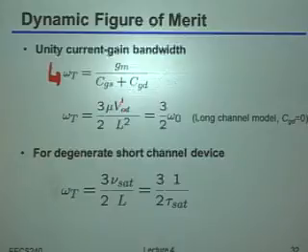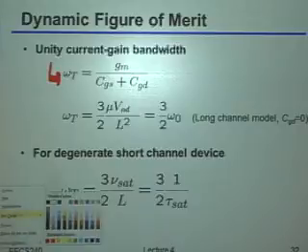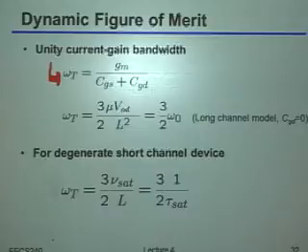Here I've written it in terms of overdrive, but you could replace that directly with V star since it's the same in the long channel device. And you can see there's an L squared on the bottom. In other words, if you reduce the channel length by a factor of 2, your omega t should go up by a factor of 4 for the same V star. So just to make sure it's clear, why does that happen? What are the parameters that are changing that cause you to get an L squared behavior?